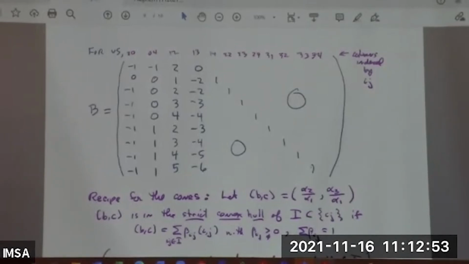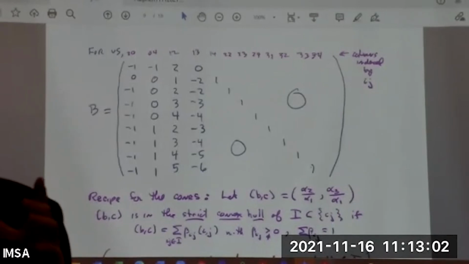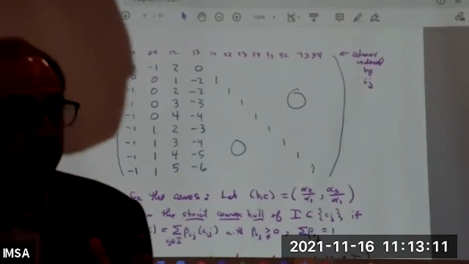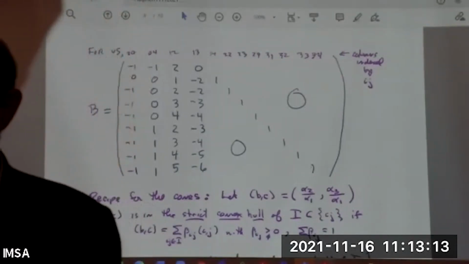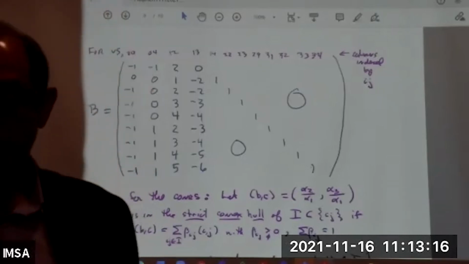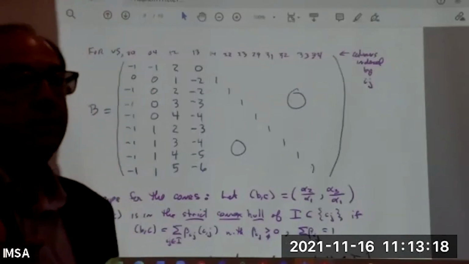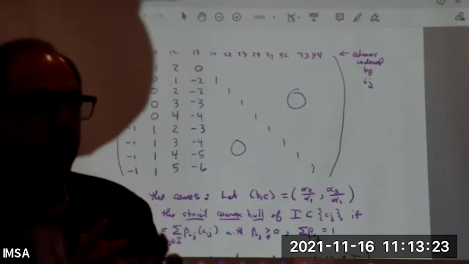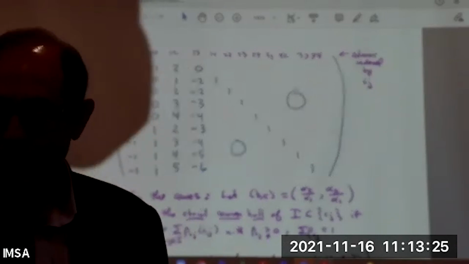And then we're going to say that that point is in the strict convex hull of a set of coordinates ij in R2 if you can write it as a linear combination of those elements which sum to 1 and have strictly positive coefficients. You're not allowed to have any zeros in the way you write it. So it has to be in the strict interior, so to speak.